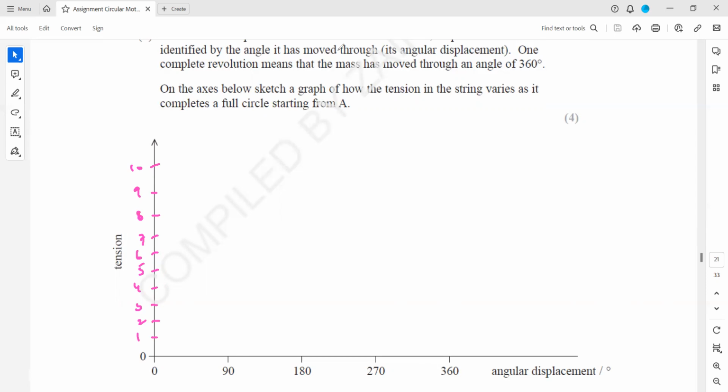Now we have different positions. You can take any position, it's up to you, any position you can start with.